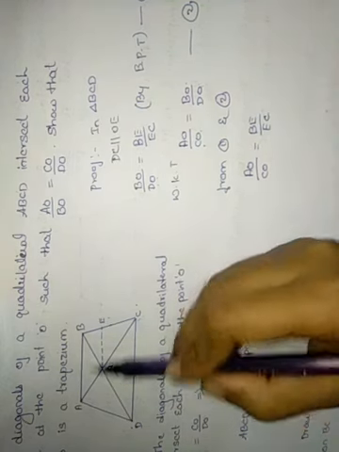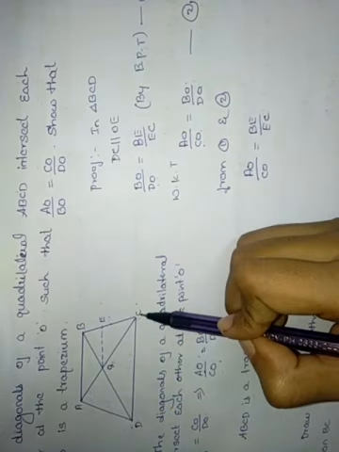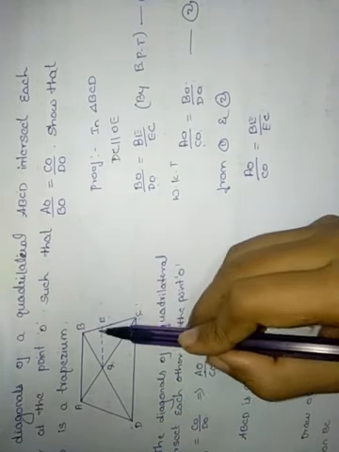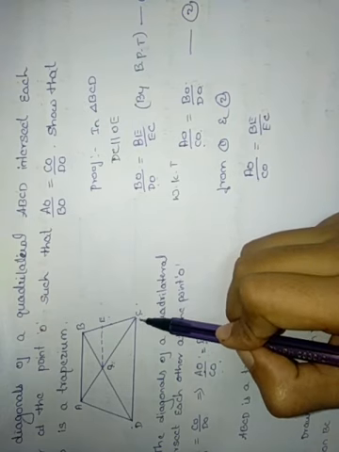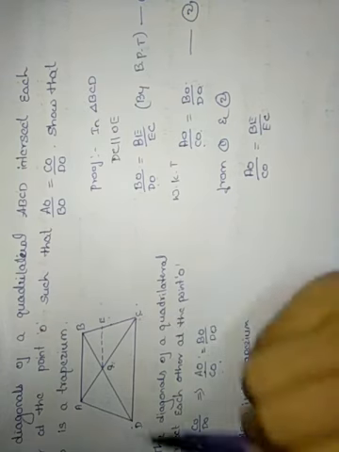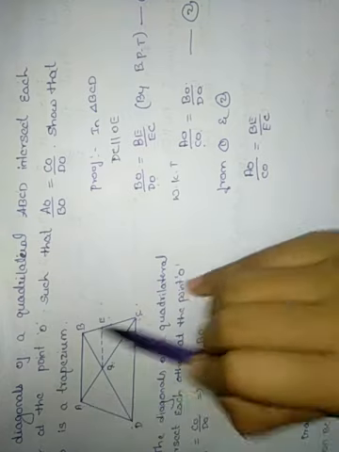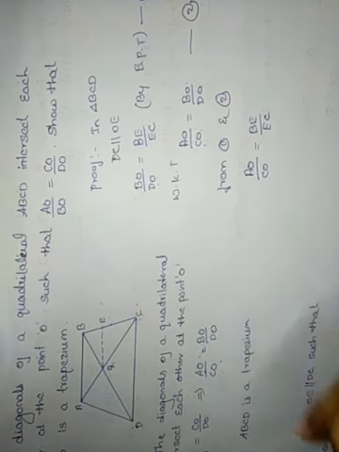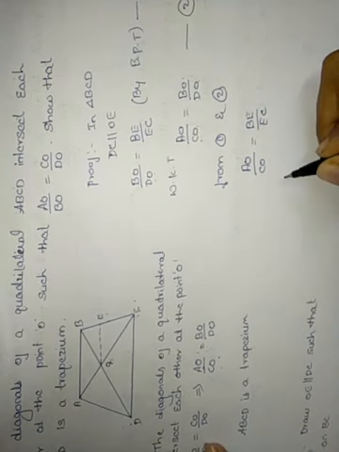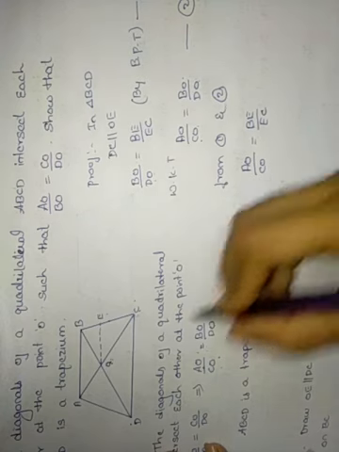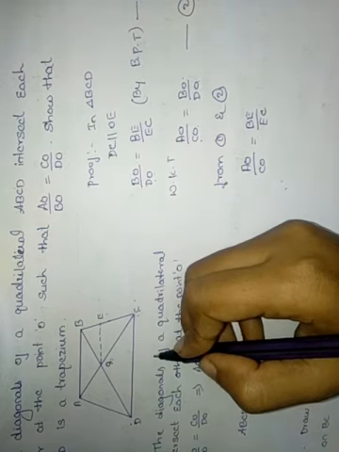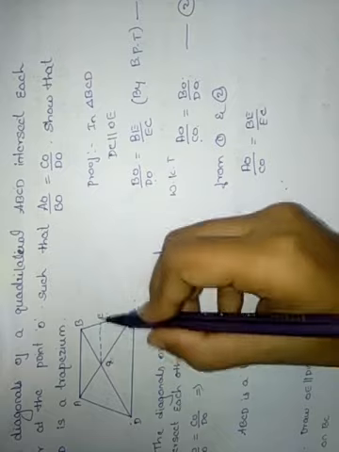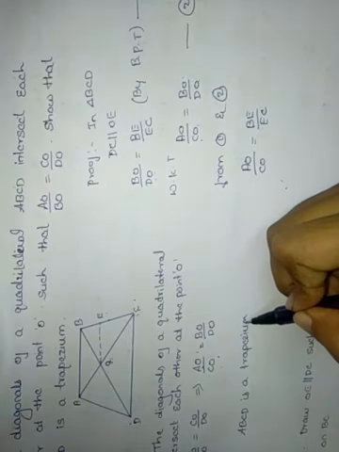If AO divided by OC is equal to BE divided by EC, then the sides of triangle ABC are divided in the same ratio, yes or no? Right? So we can say that if they are divided in the same ratio, then OE will be parallel to AB by the converse of the basic proportionality theorem, right?